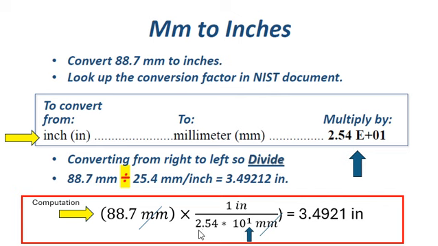So 88.7 divided by 2.54 times 10 to the power 1 millimeters. So here are the details. You can see how your units are cancelled out. It's a little bit difficult to see, but the units cancel out, and you end up getting inches, so 3.4921.